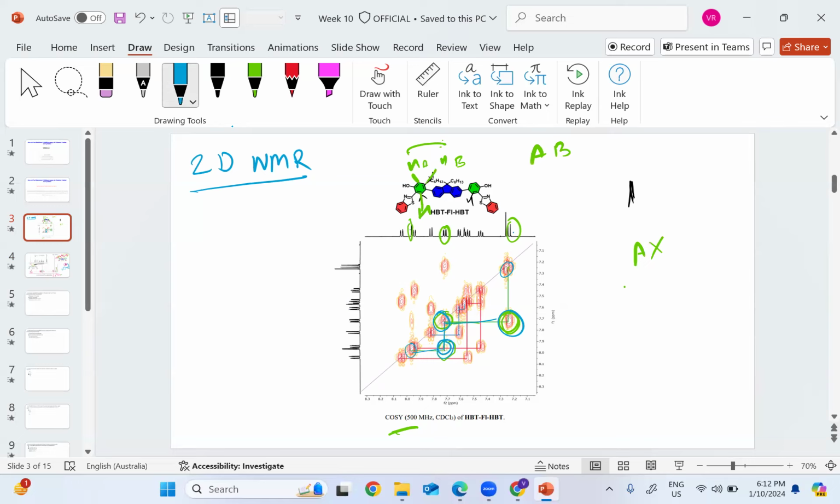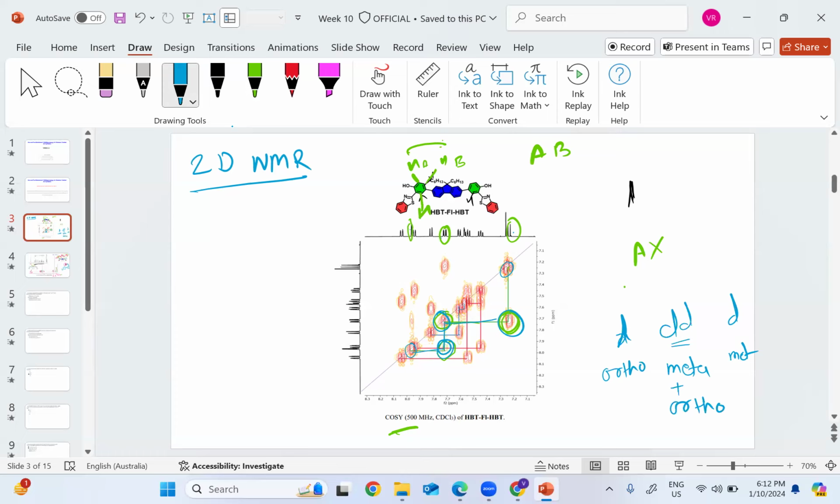And if you look at this splitting pattern, there is one doublet, right? Another also one doublet, and a doublet of doublet, with slightly bigger coupling. In the aromatic region it will mostly be the meta coupling, right? This doublet is due to the ortho coupling, and also we observe one small doublet with very low coupling splitting, which is also due to the meta, right? So sorry, this meta plus ortho, right?